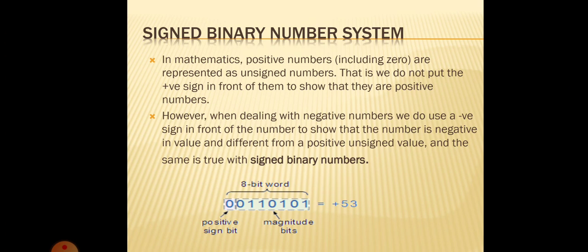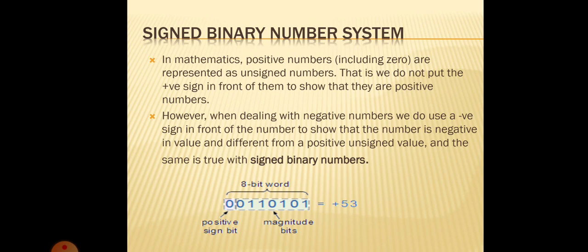That is, we do not put a positive sign in front of them to show that they are positive. When the number is positive, there is no need to put a positive sign. But wherever the number is negative, we should put a negative sign in front of it, otherwise it will be considered a positive number.